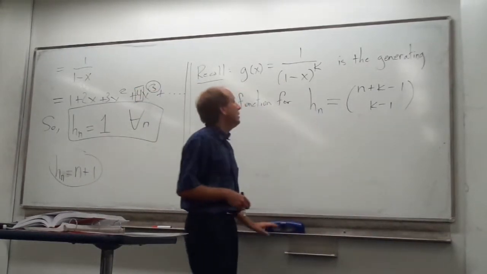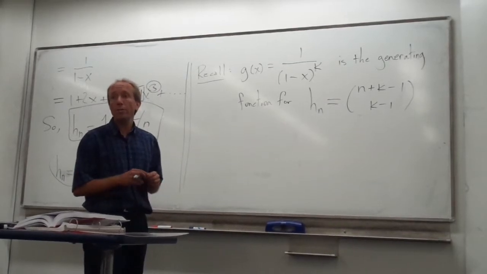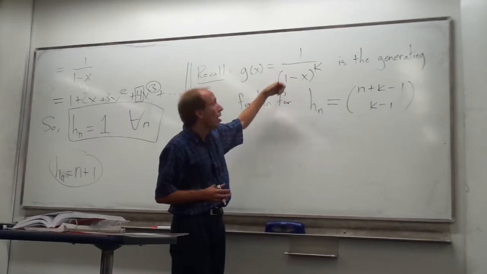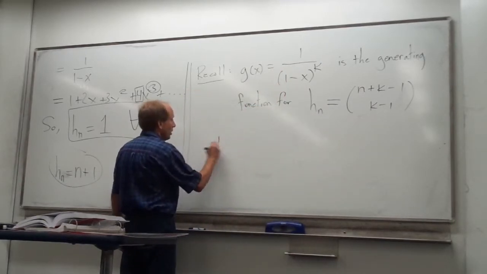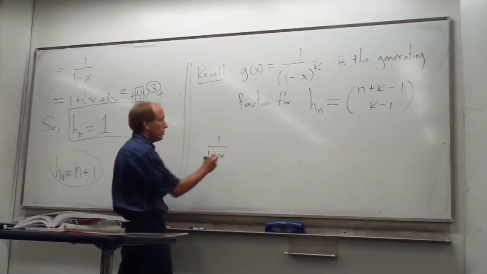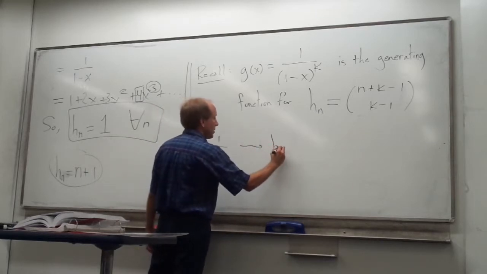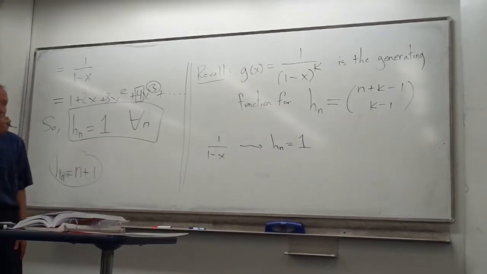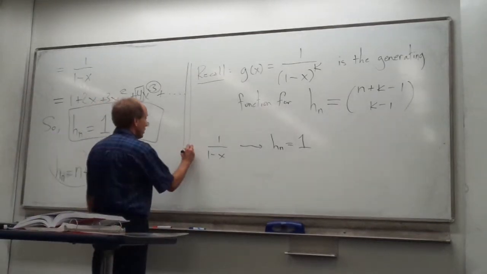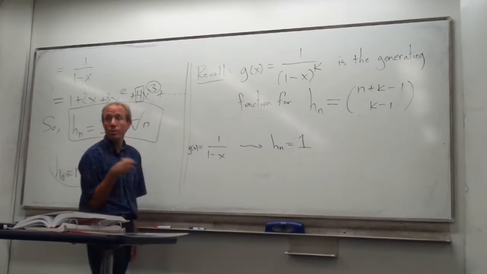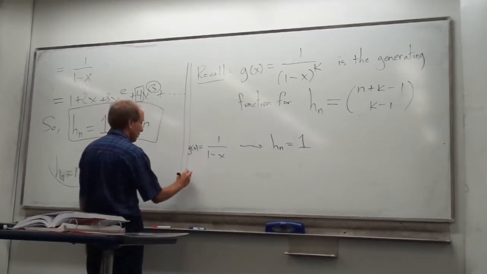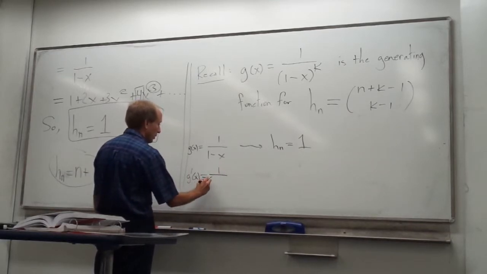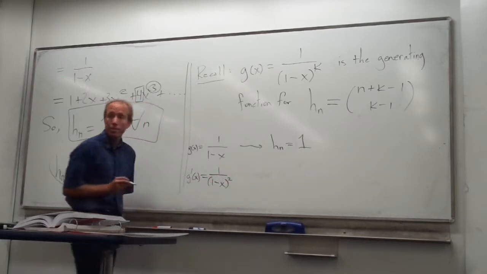So it's a good thing to try to remember, but you can always rederive it by starting from 1 over 1 minus x, which we already know generates that sequence, h sub n always equals 1. And what you can do, if you call that g of x, is start taking derivatives. Okay? Just to remind you, if you take one derivative of this, you'll get 1 over 1 minus x squared.